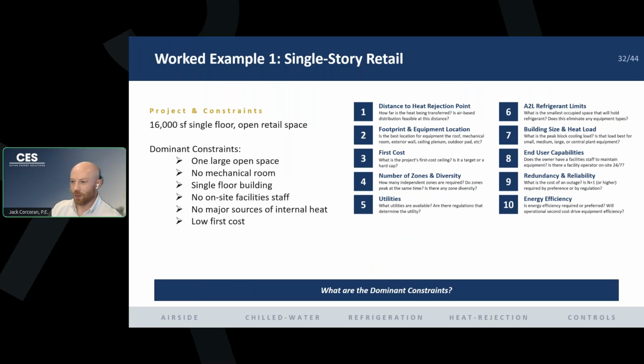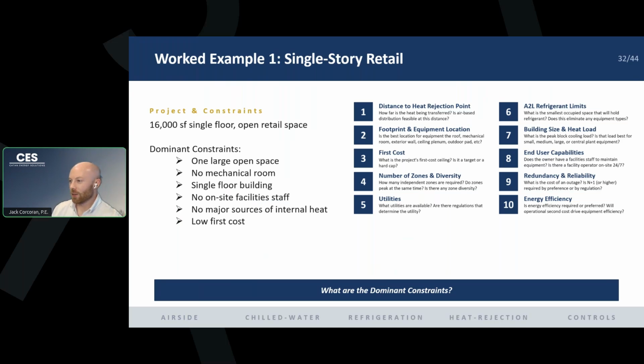So we can ask more of those questions. Maybe A2L refrigerant limit is not as big of a constraint here. Refrigerant limits are primarily going to be dominant in small rooms. So we have one large open space. That's not even going to be an issue for us here. Redundancy, they don't need redundancy.